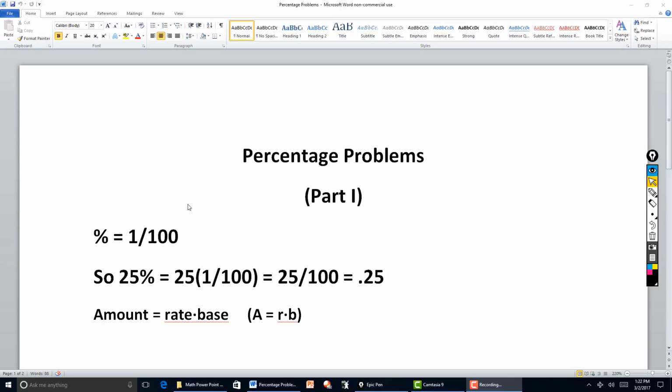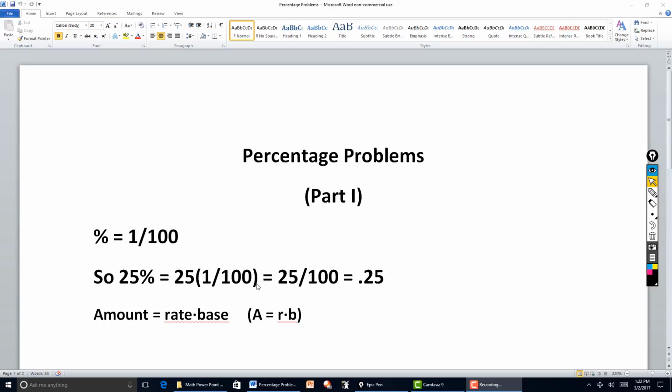First of all, percent basically means per hundred. So you can think of the percent symbol here as 1 over 100. So when you see 25%, that actually means 25 divided by 100, because you can replace the percent sign by 1 over 100.